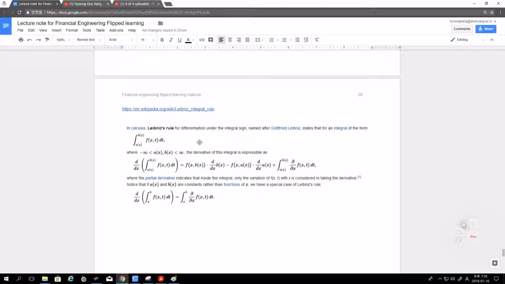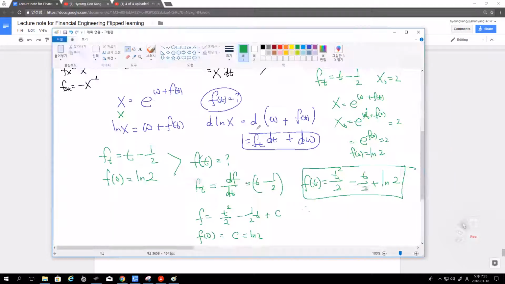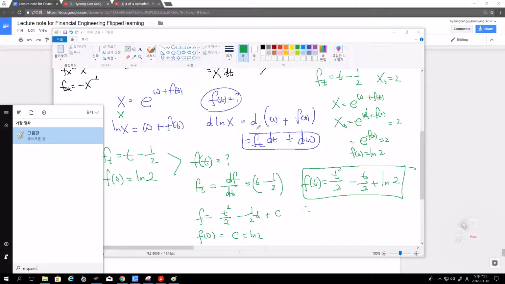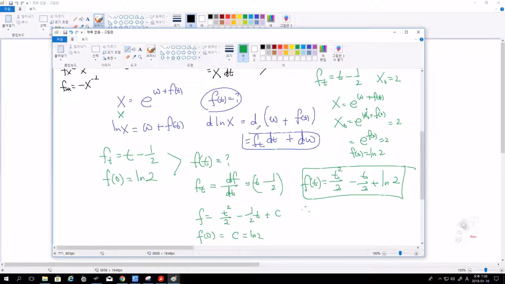So let's review the Leibniz integration rule. In calculus, the Leibniz rule for differentiation under the integration sign is like this. So suppose, let me write down this one.